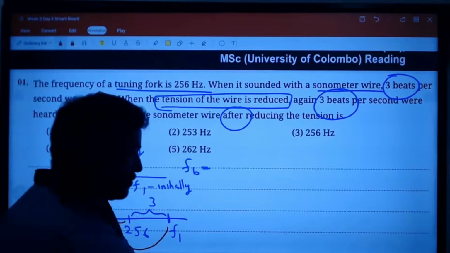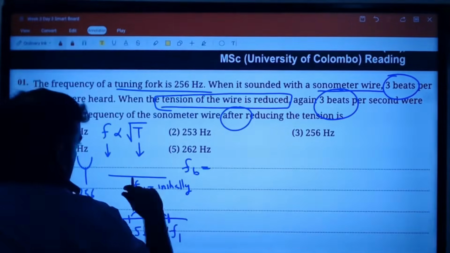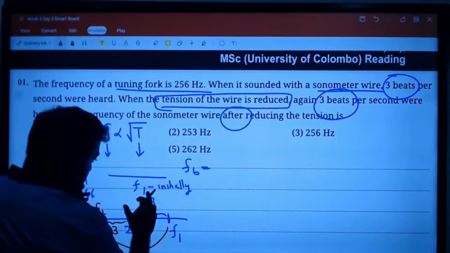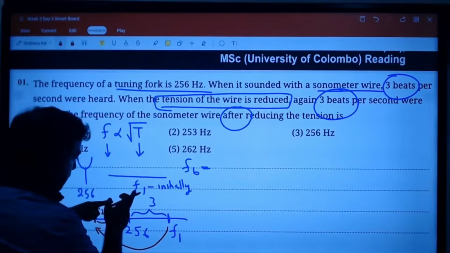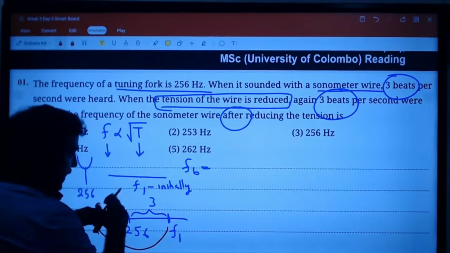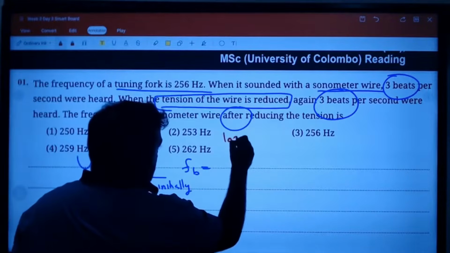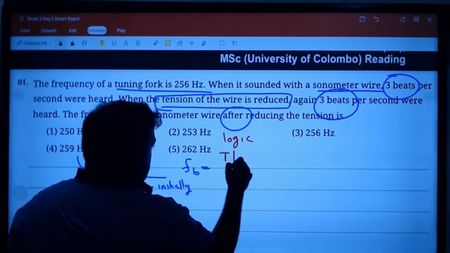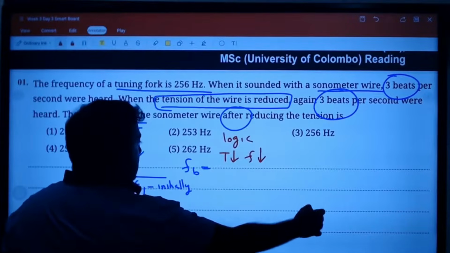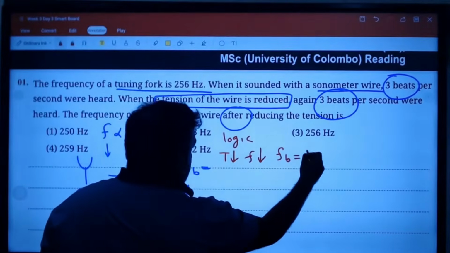Understood? So beat frequency is always the difference between these two. This can be larger than that or that can be larger than that, we don't know. But they are giving you a small logic conclusion: tension reduces, frequency reduces, beat is the same.